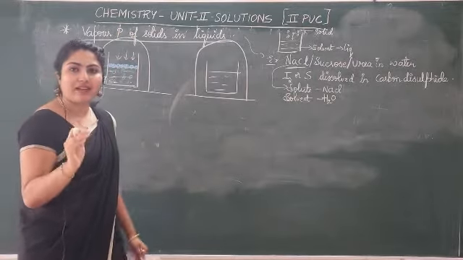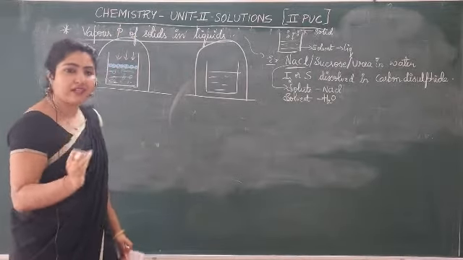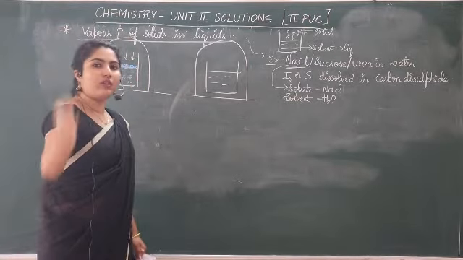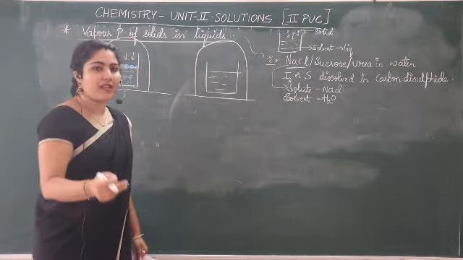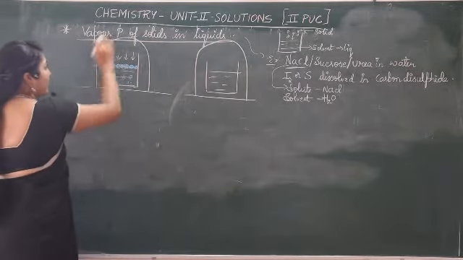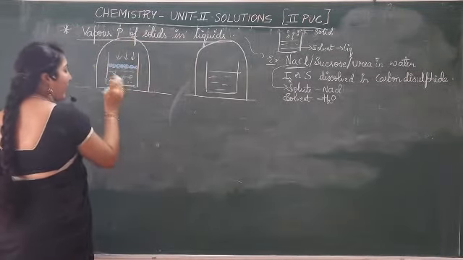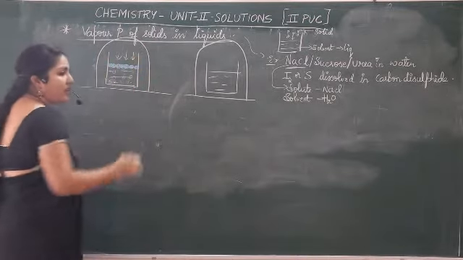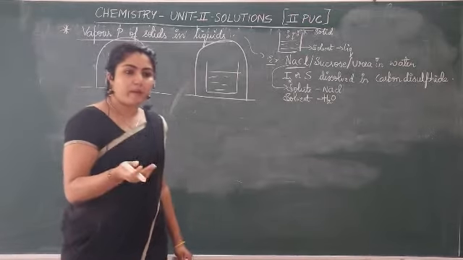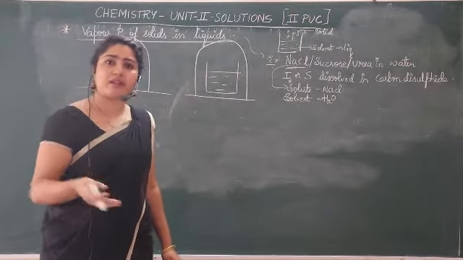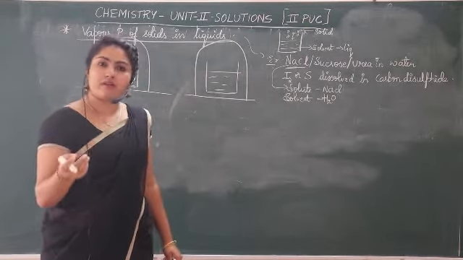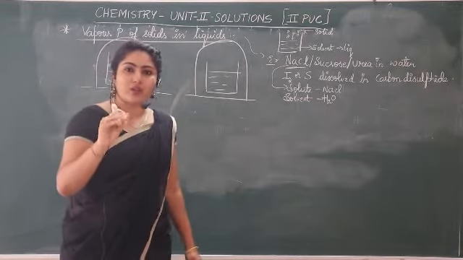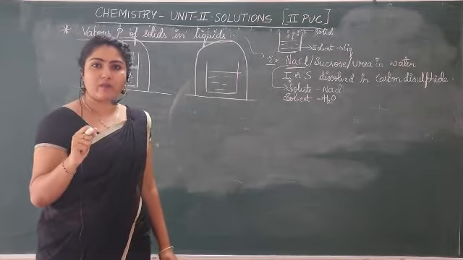Equilibrium can be attained only in a closed container. If it is open, then with the whole universe it tries to attain equilibrium. So we can consider a closed container. At equilibrium, the vapors will be produced. If you just keep a glass of water, cover it with a lid, and check after a few hours, do you see water droplets form on the lid?